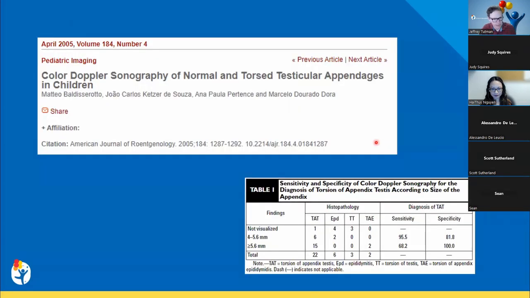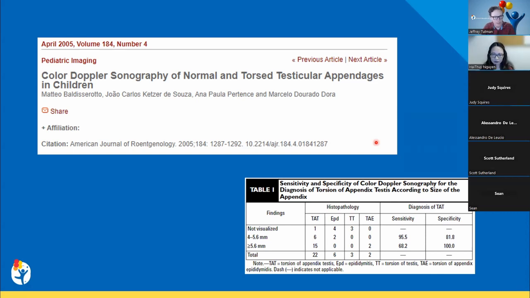One thing I was curious about is how you guys approach these appendages. I think this is an older paper, but it's commonly cited as looking at size criteria for making the diagnosis of a torsed appendage. This particular paper says that if the appendage measures more than 5.6 millimeters, then it has 100% specificity for the diagnosis of appendage torsion.